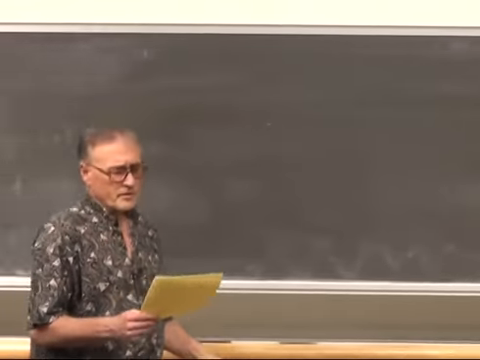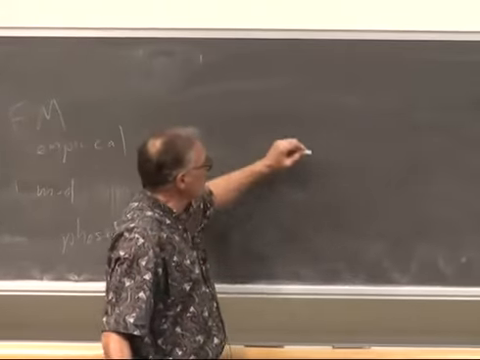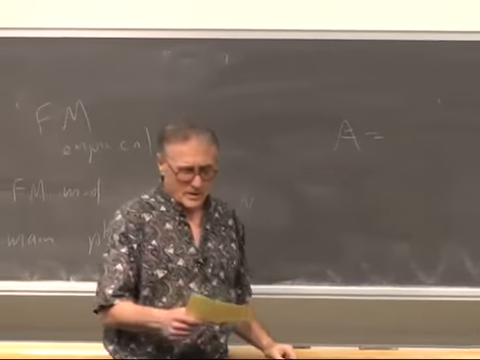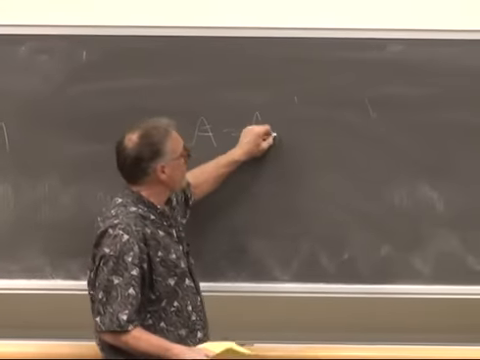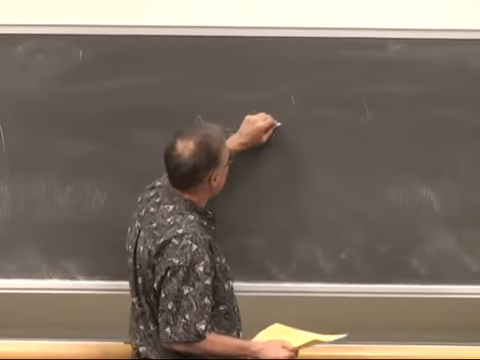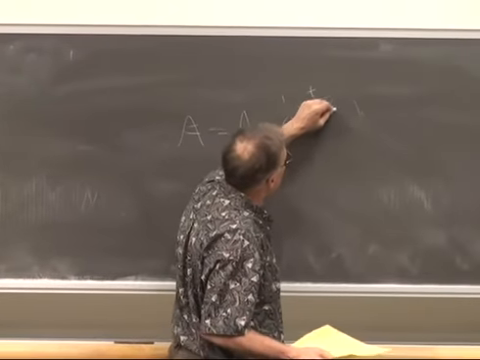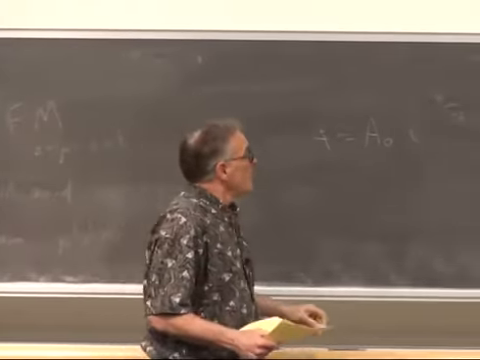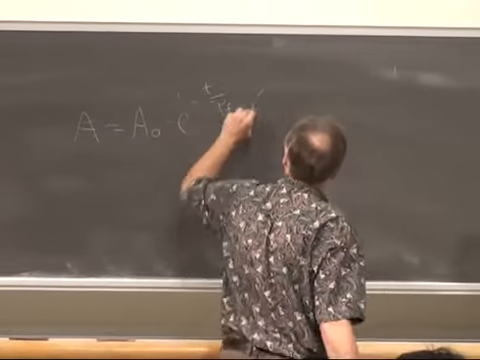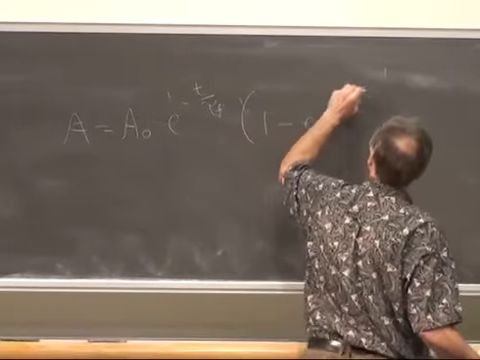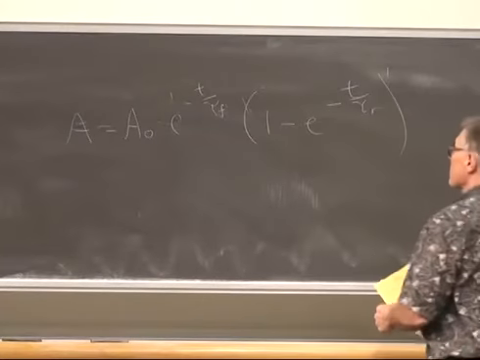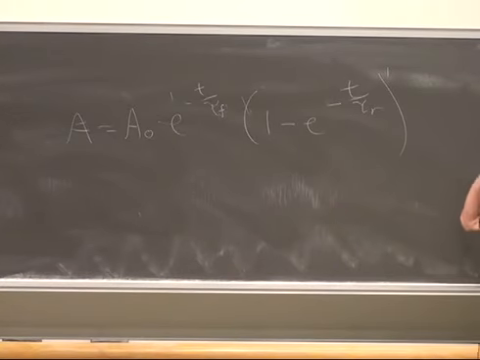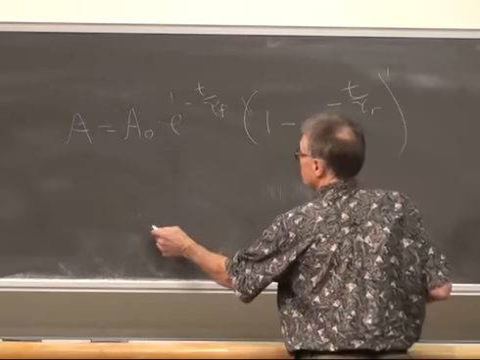So overall, what we're going to do is we're going to say that the amplitude of the synthesized note is going to have some initial value, some scale factor, times e to the minus t over the fall rate, or the fall time, times 1 minus e to the minus t over tau rise. So we're going to model the processes as exponential, although it's not unique.